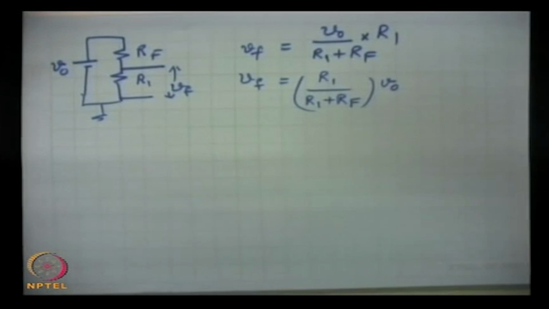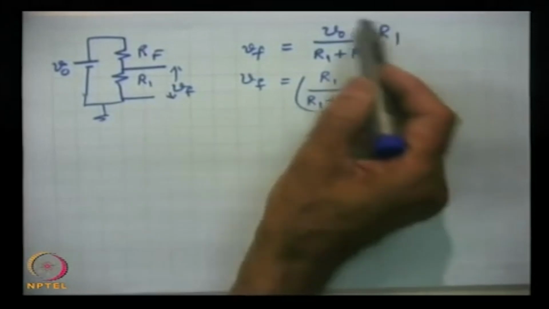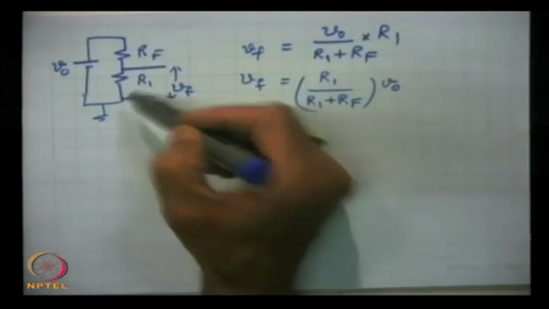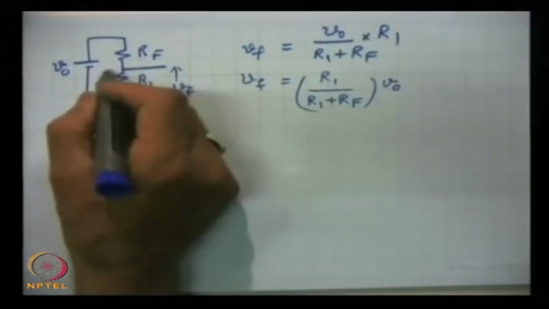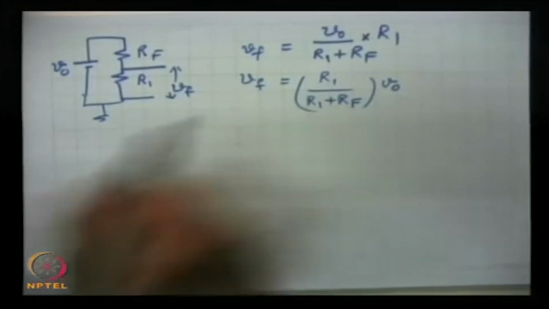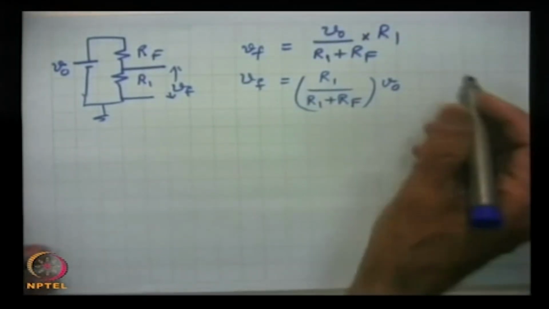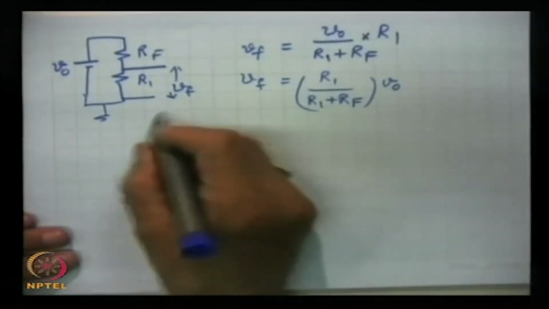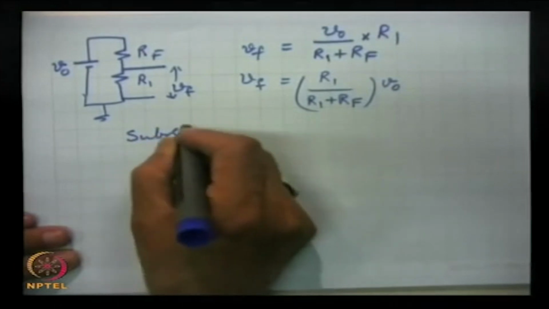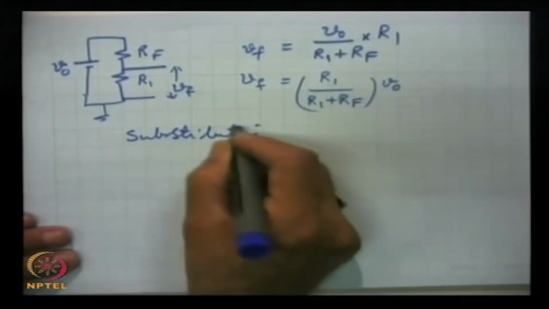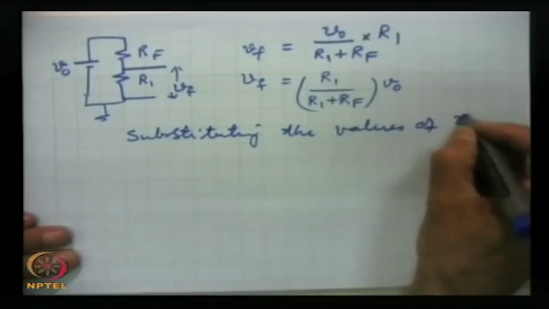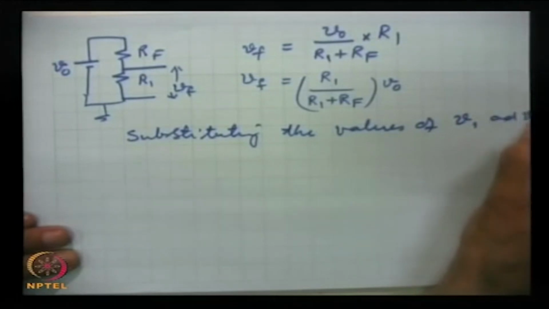Simple voltage divider circuit, and this we have talked several times. This is the current which will be flowing, and the voltage drop across this, multiplied with R1, is this voltage Vf. So, we substitute the values of V1 and V2.